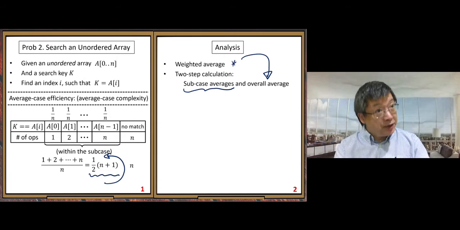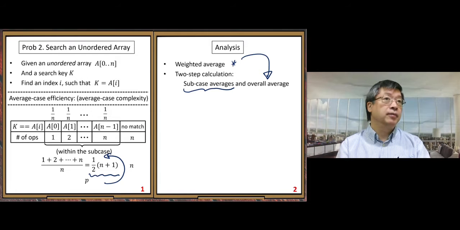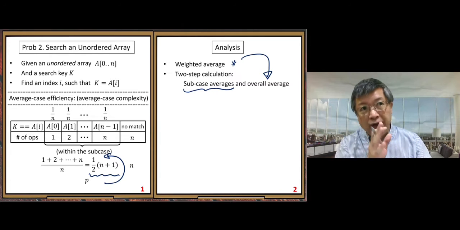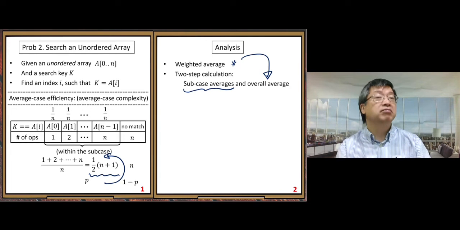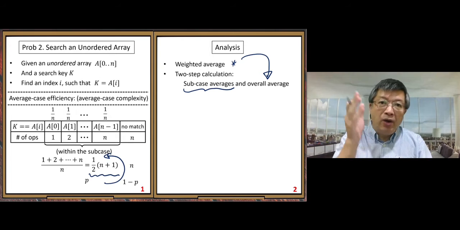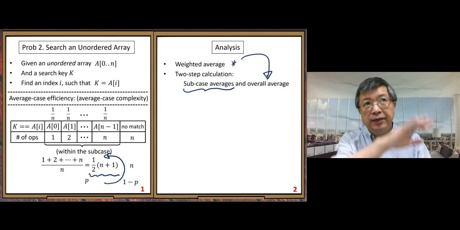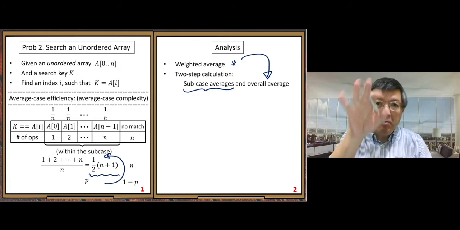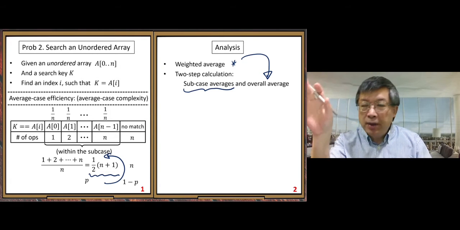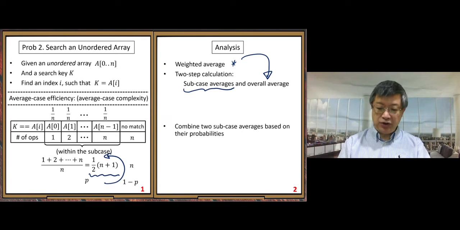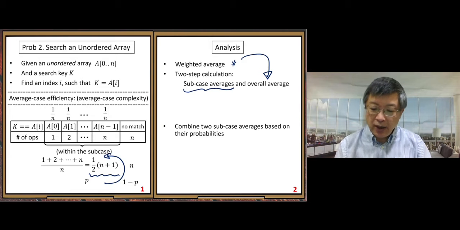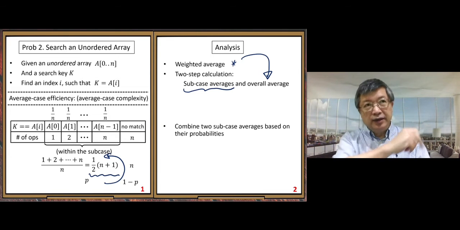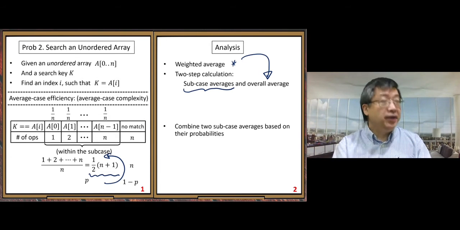Then we look at the weights. For the first subcase, the weight is the probability p. For the second subcase, the weight is 1 minus p. Now we are ready to calculate the weighted average by combining the two subcase averages. To combine, it's very easy.